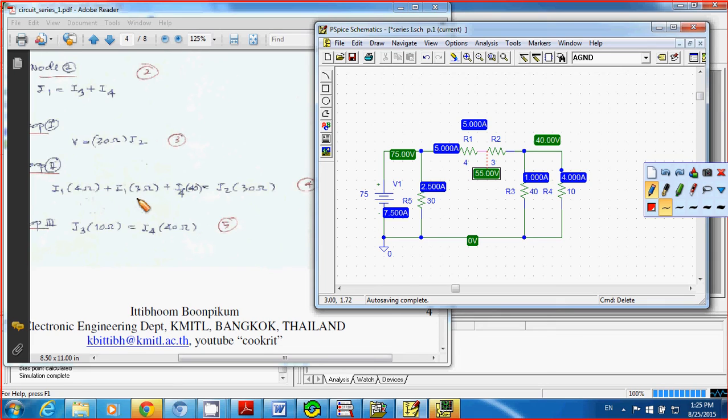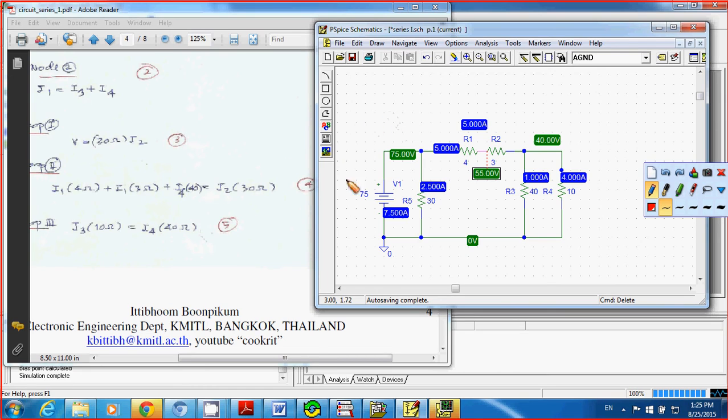So 20 plus 15 gives you 35. I4 is 1 amp, so you have 35 plus 40 equal to I2 multiplied by 30 ohms. Your I2 is 2.5 amps. You multiply 2.5 amps by 30, that gives you 75 volts. So you got the right equation.